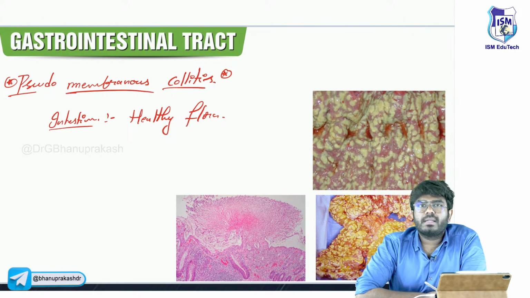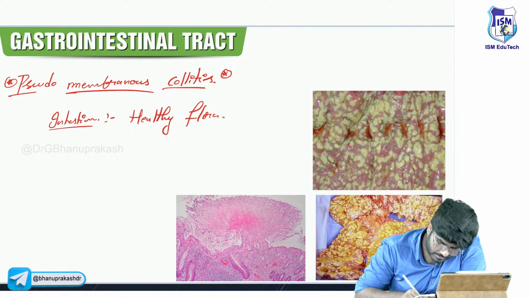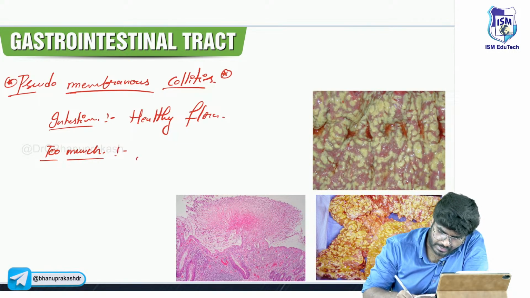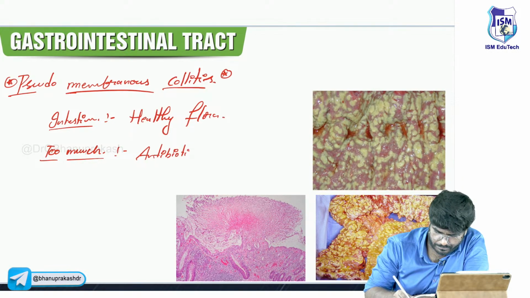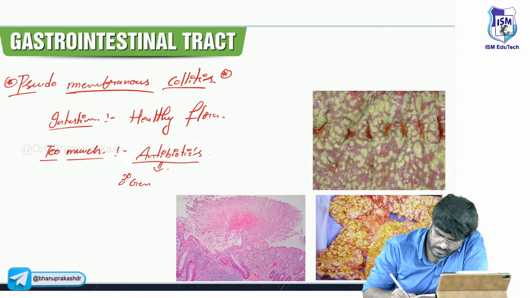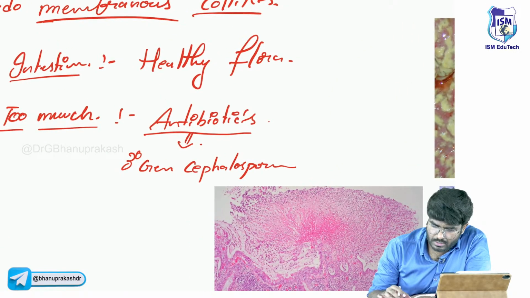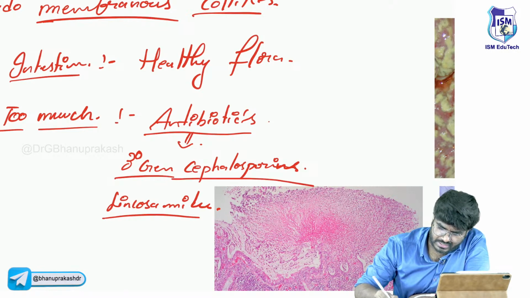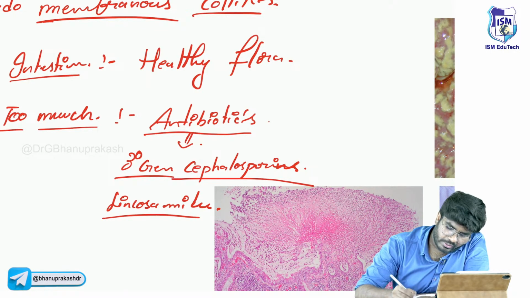Good bacteria are there. But if for some reason you are taking too much antibiotics, the inadvertent use of antibiotics, like third generation cephalosporins such as ceftriaxone, or the lincosamide group of drugs, they will kill the good bacteria.